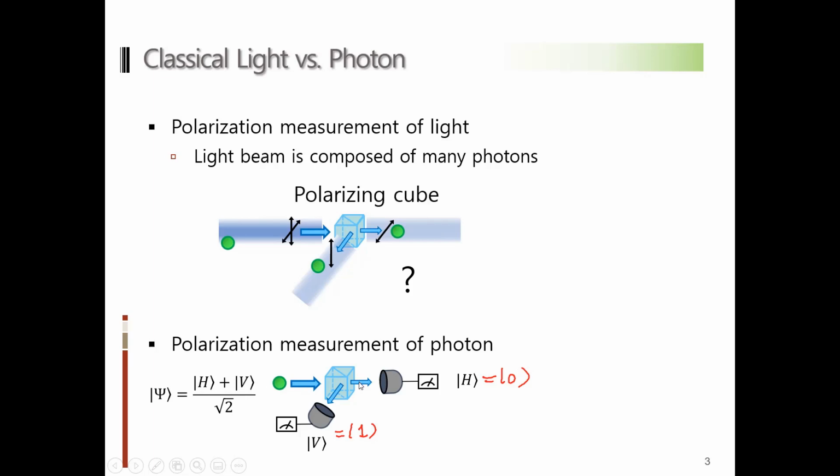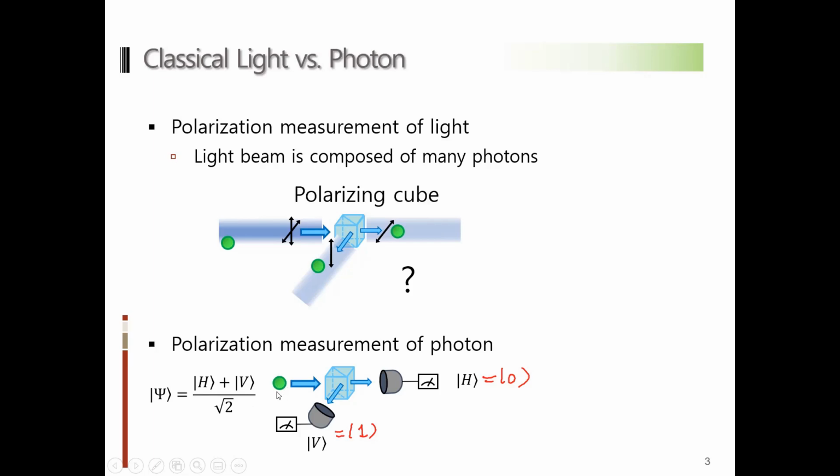Then we know that once it is transmitted, the transmitted light should have only the horizontally polarized component, because if it has any other polarization component, it cannot be transmitted. It should actually be reflected.